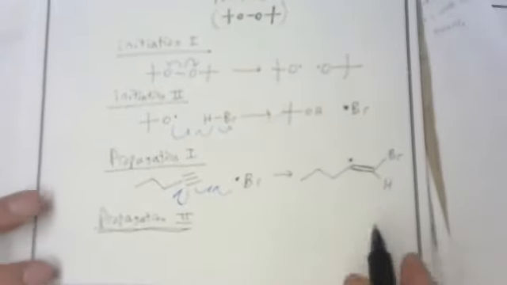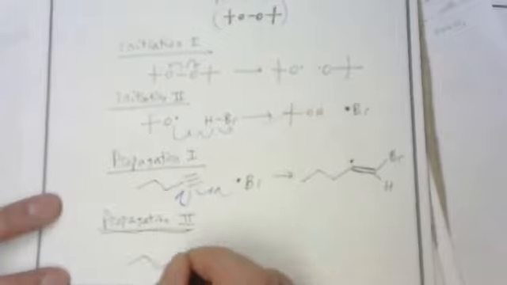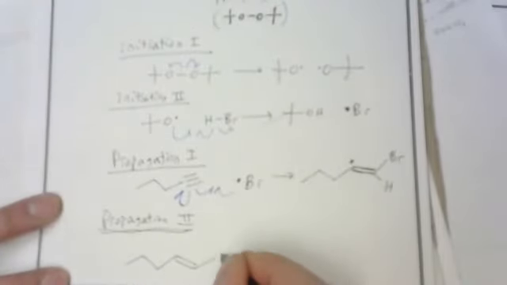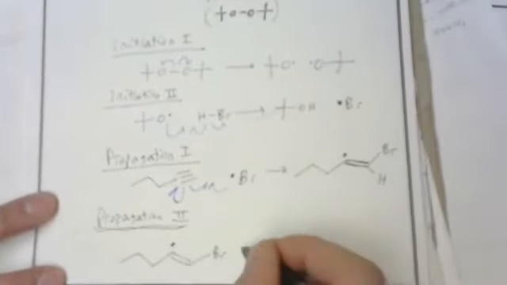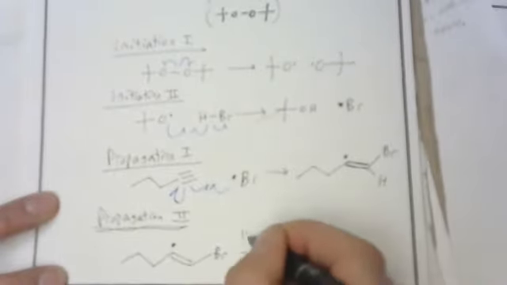Now propagation 2 has to recreate a new Br dot. You've got to keep making Br dot. You use Br dot up, and you recreate Br dot. So now draw our thing that we made. And it sees HBr, and it says, I want to take that H of HBr. Okay?